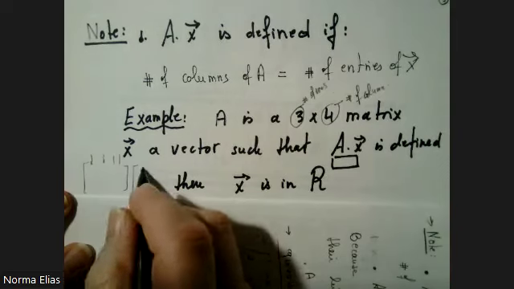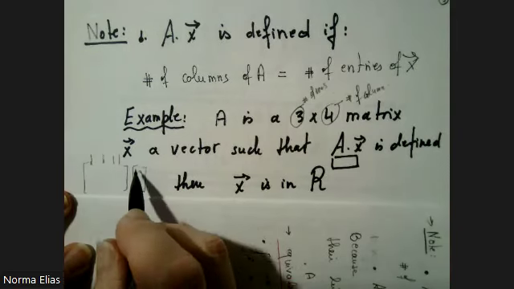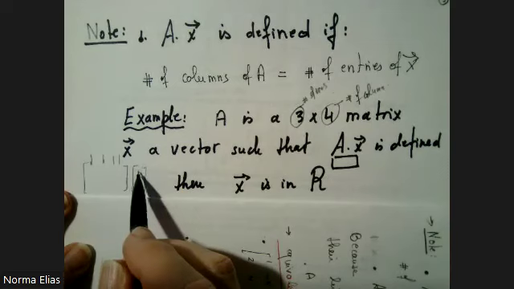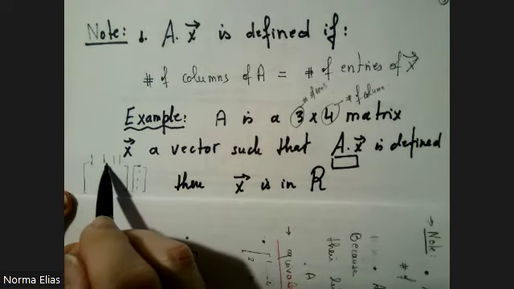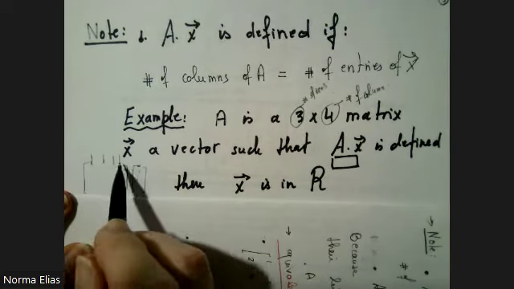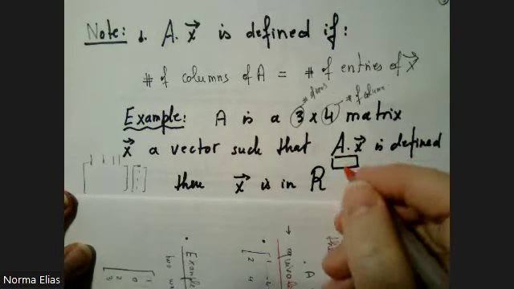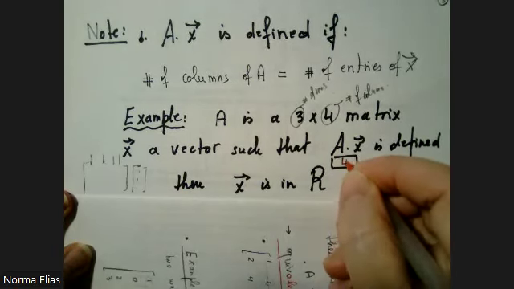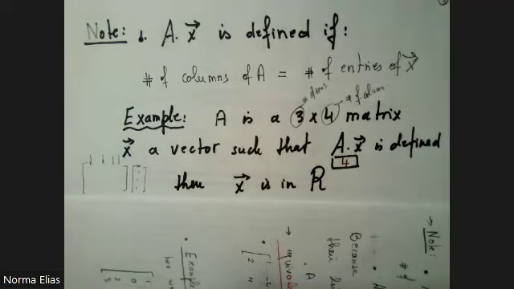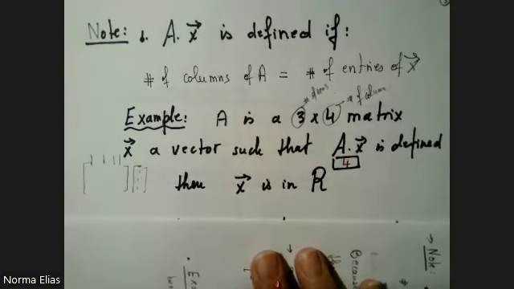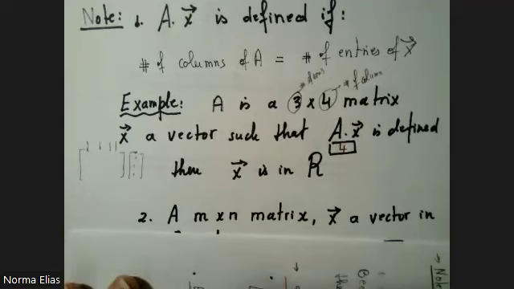The vector here should have as many entries as the number of columns, because the first entry is the weight here, plus the weight on this, plus the weight on this, plus the weight on that. So this is definitely going to be R4. The dimension of what we're working with is going to become more and more important as you move on throughout the course.